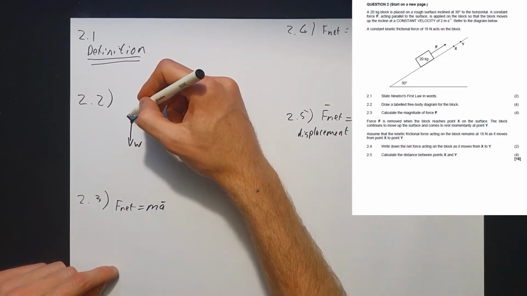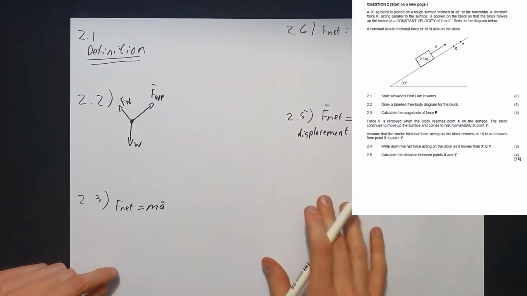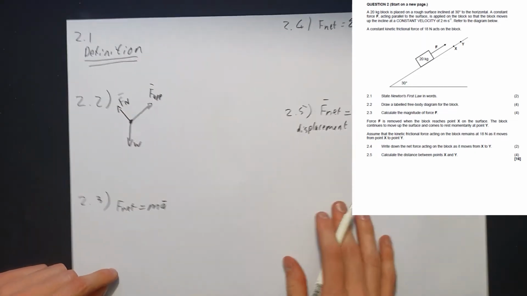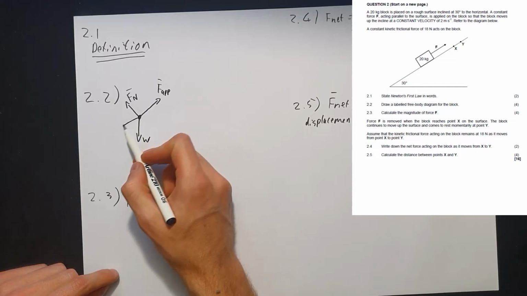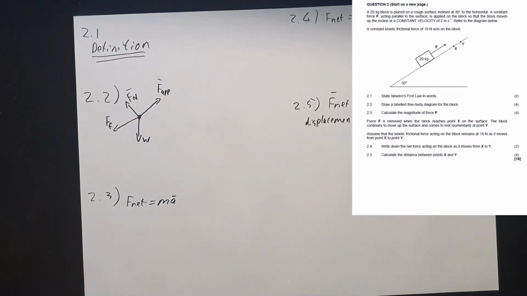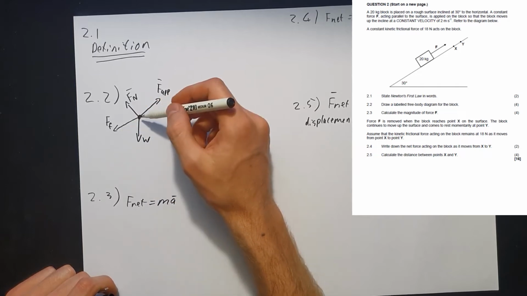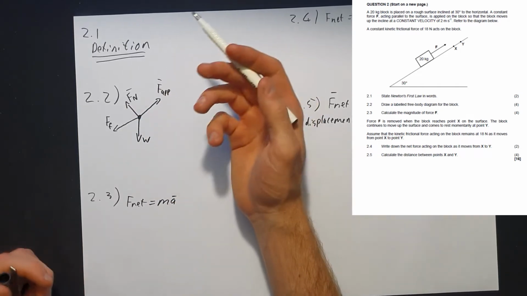Our normal force always sits perpendicular to the surface. Normal force is always there whenever an object is on a surface. And then we're going to have this frictional force. Those are the only forces acting on this object. If you want, you can break up the frictional force into your parallel and perpendicular force. You can draw it that way if you want.